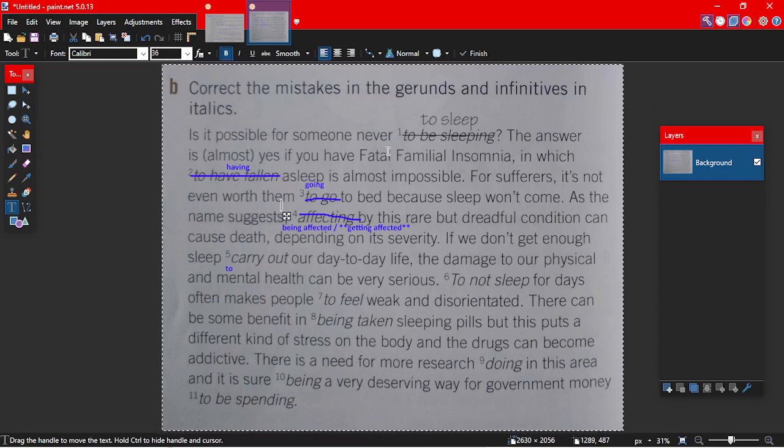I would say getting affected, but in the context of the text exercise, I think it makes more sense to say to be affected, right? Yeah, that's correct. I can think of three ways of correcting this one bit. You could say to be affected by this condition, getting affected by this condition, or being affected. You could use any of those.